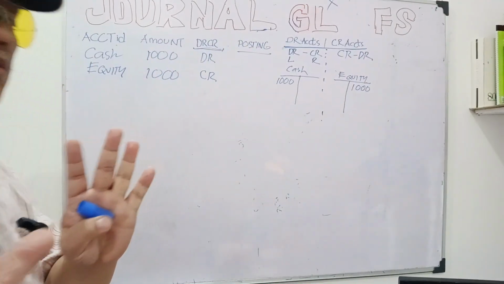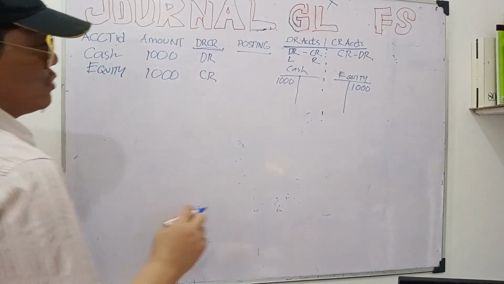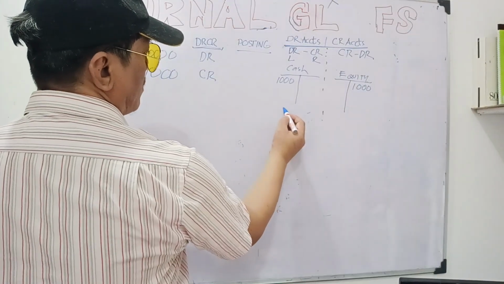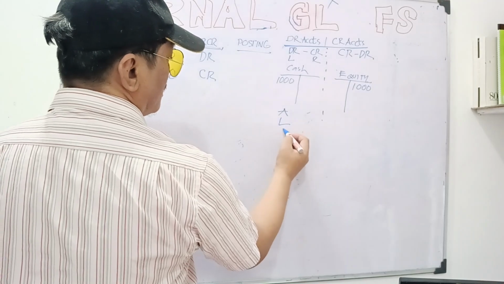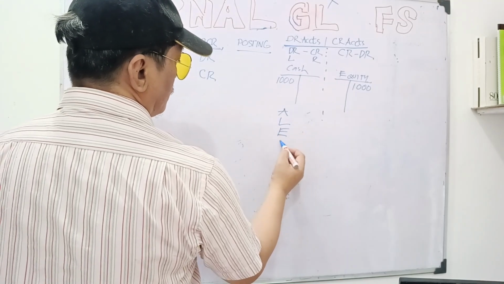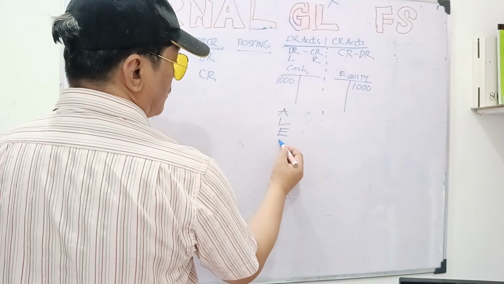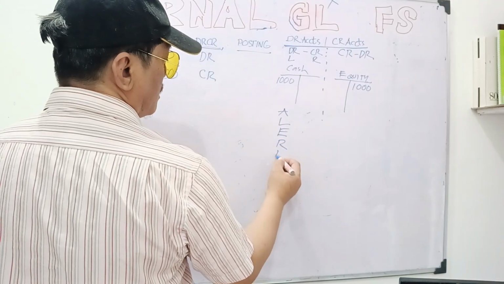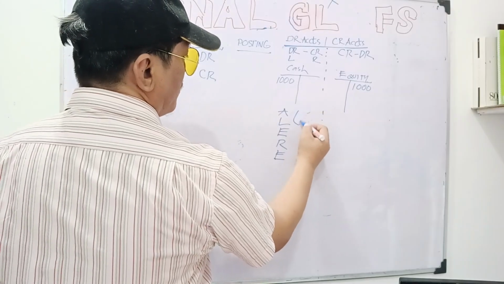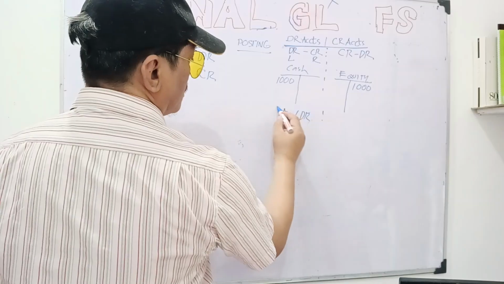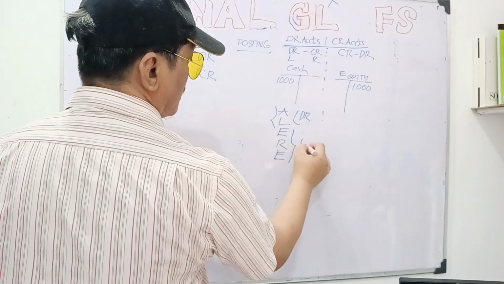It's as simple as that. For non-accountants, you just need to know the five accounts, right? Asset, liability, equity. The temporary accounts are the revenues and expenses. So these are debit accounts, these two right here, and the rest are credit accounts.